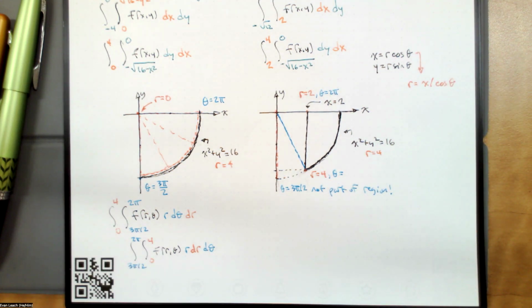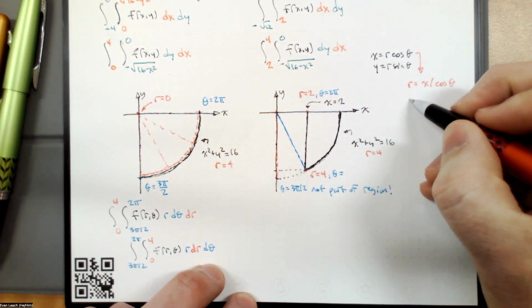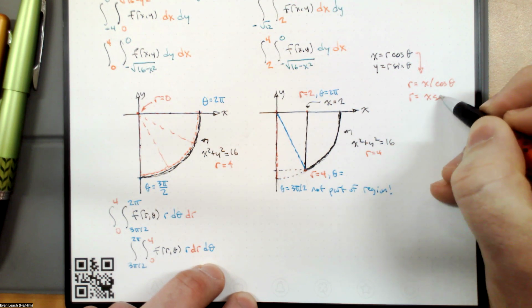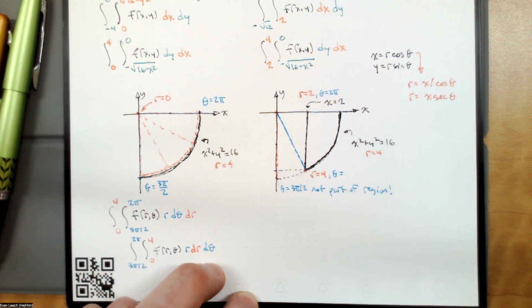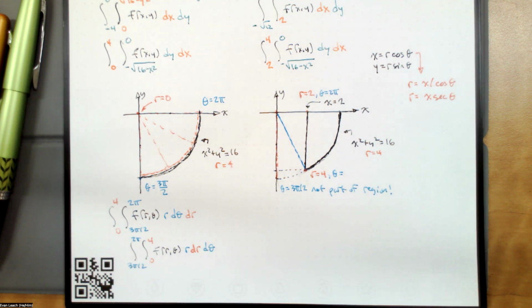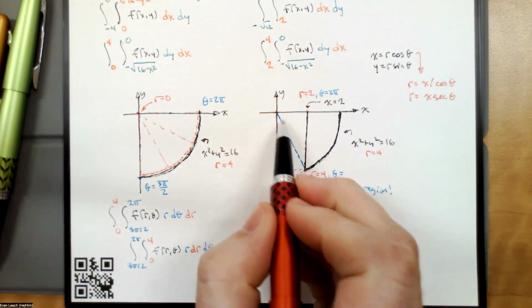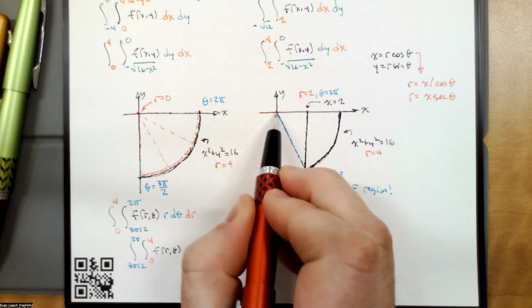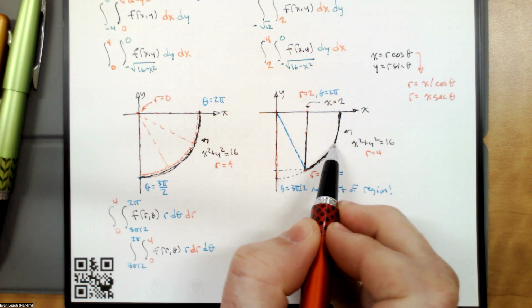So here r is equal to x over cosine theta, or we might write that as r equals x times secant theta. That's the description of the line. So for a given value of theta, the value of r will start at the line and end at the circle. Start at the line, end at the circle.